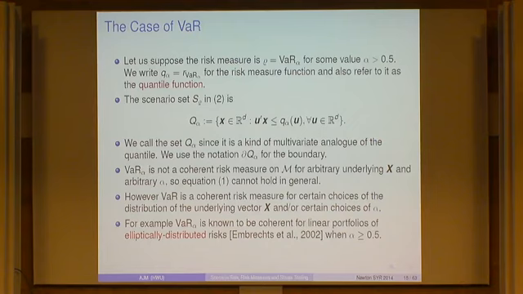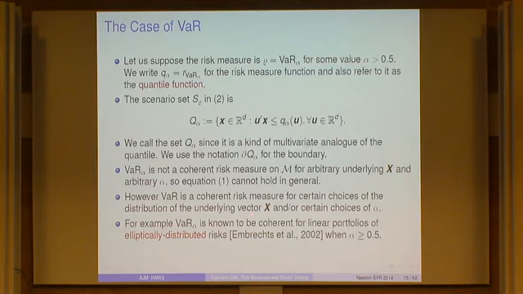Because VaR isn't coherent, that equality we had has to break down under certain conditions. VaR is not coherent even on this simple linear portfolio space, unless we make certain assumptions about the distribution of X and for certain values of alpha; in general it isn't.